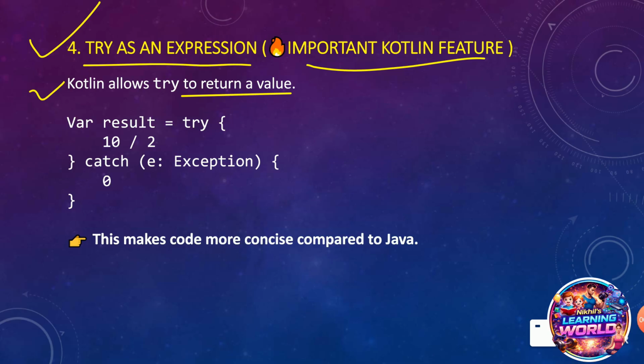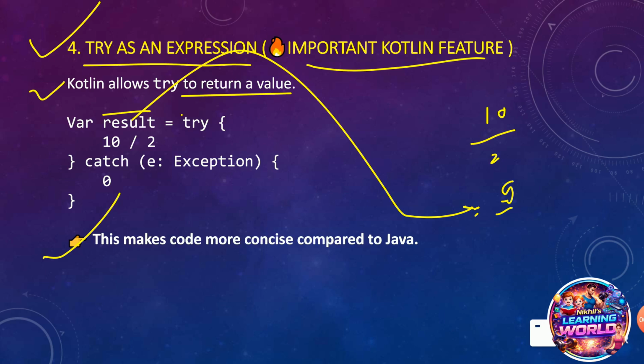If there is any exception, it will return 0. Otherwise, 10 divided by 2 returns 5. This makes code more concise compared to Java.